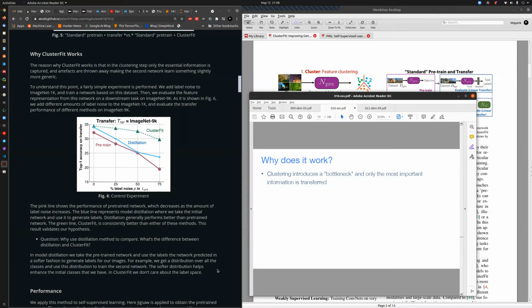and they have given a reason as to why. What's the difference between distillation and ClusterFit? This was the difference, and they have used softer targets. In ClusterFit, they do not care about the label space, how your manifold has to be controlled, or your latent space, how it is being represented.